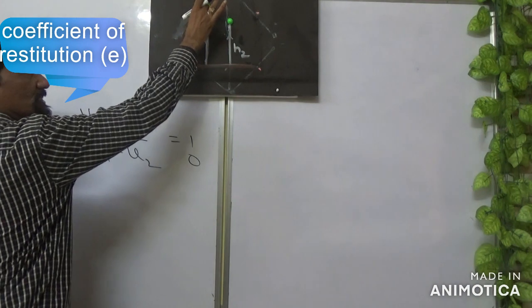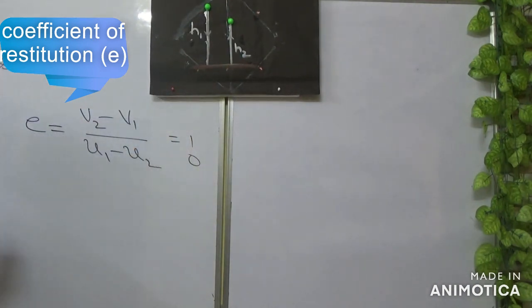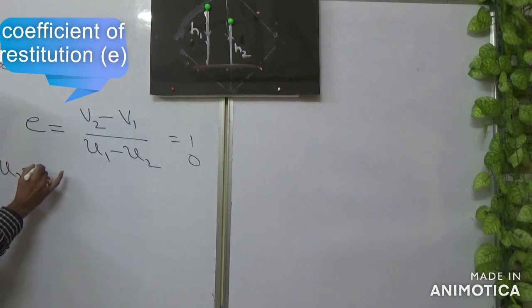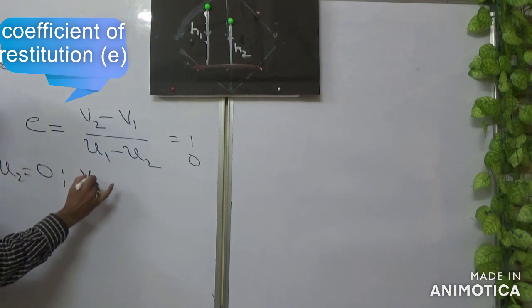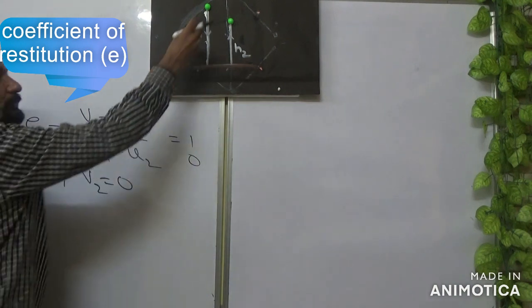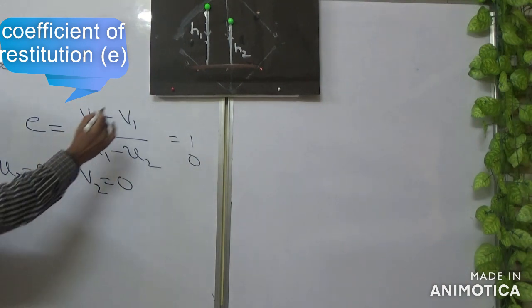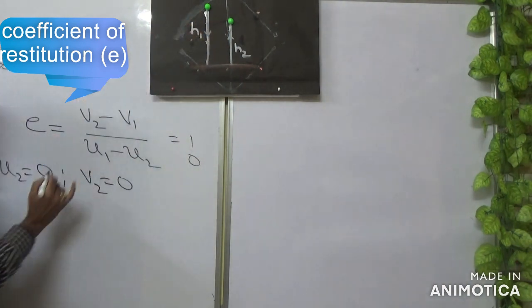The first body is this ball, and the second body is the surface. So the second body's starting velocity is 0 and its final velocity is also 0. Now you want to find the velocity of the first one, which is dropped through height h1.